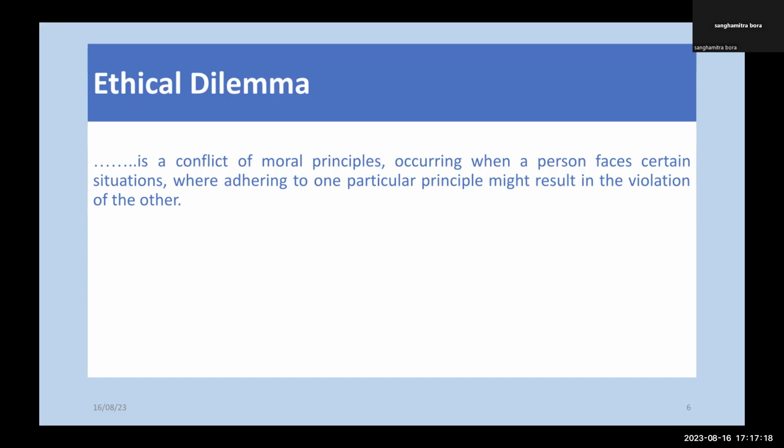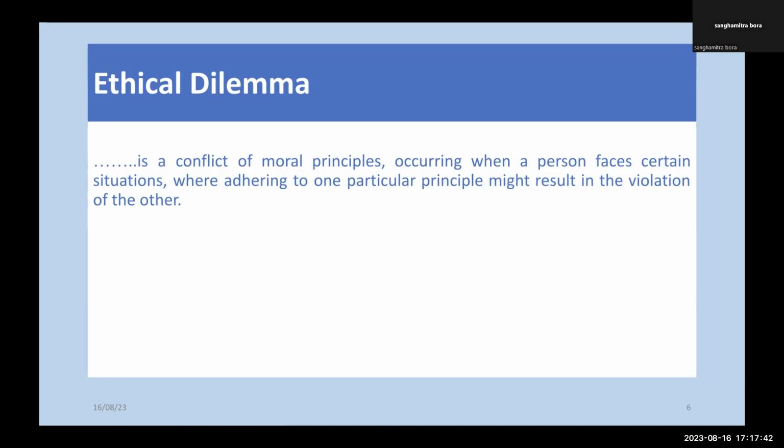It occurs when a person faces certain situations where adhering to one particular principle might result in the violation of the other. So basically, ethical principles need to be followed at the most in every situation.